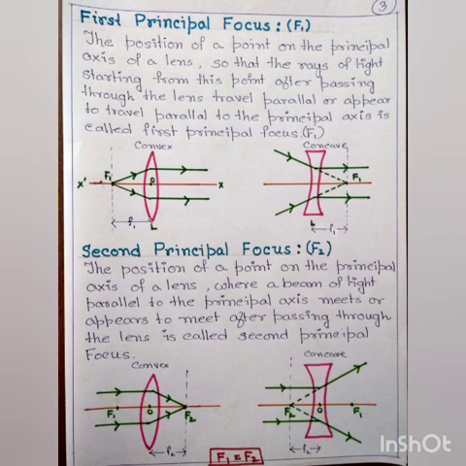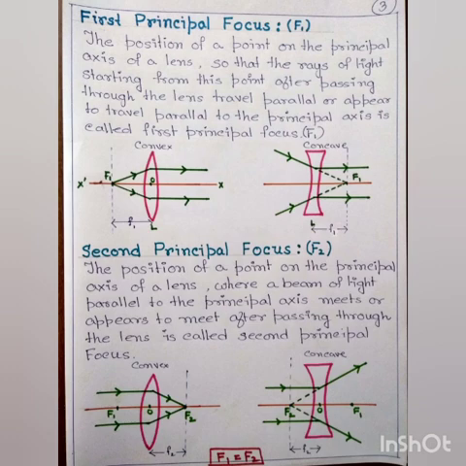Now see the pictures very carefully. First I will discuss the convex lens. What is first principal focus for a convex lens? First principal focus is a particular point on the principal axis from where, if rays start from that point and are refracted through the lens, the emergent rays will become parallel to the principal axis.